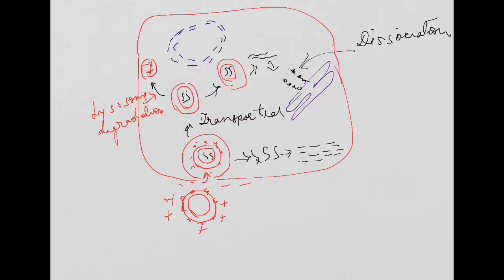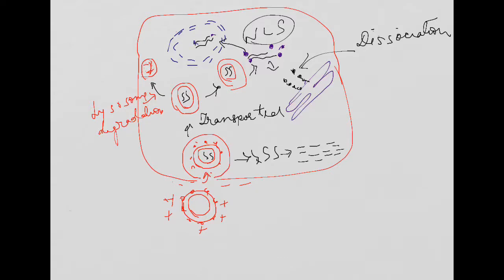Or it might get transported through the nuclear pore with the help of NLS proteins. Suppose these are your NLS proteins. They will give signals for transportation of the DNA to the nucleus. So your DNA will enter the nucleus.